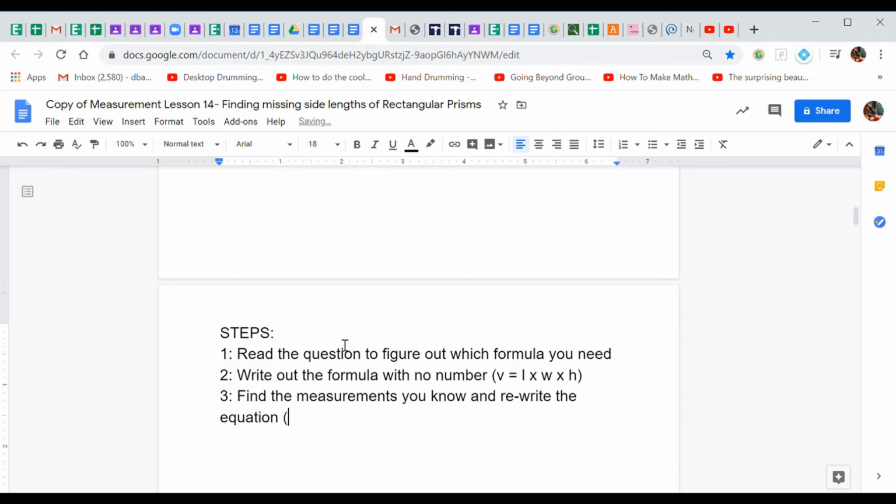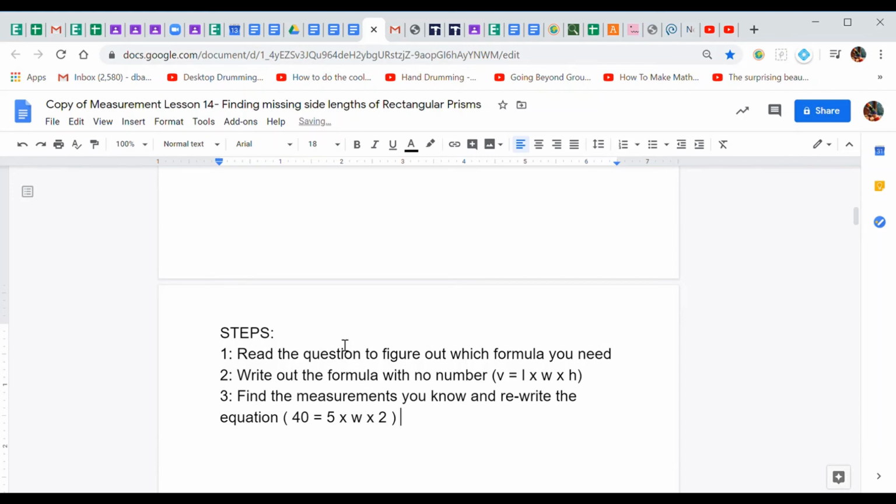So for example, maybe I know the volume is actually 40, and the length is 5, the width is 2, but I don't know what the width is. The width I don't know, but the height is 2.